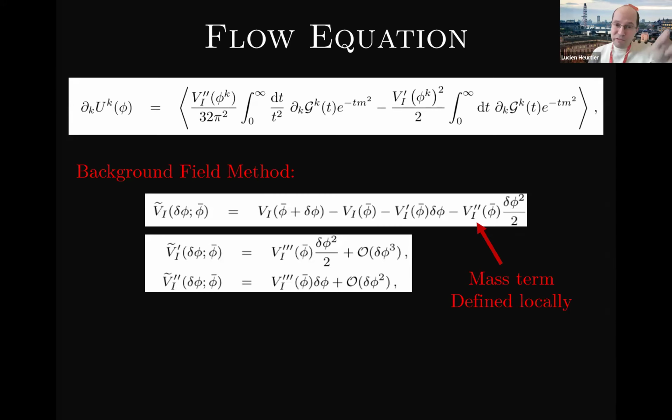Then if you want to be away from the minimum, you can use background field methods to work out your quantum corrections not at the minimum, but around a point across your potential. You can decompose your field as the classical equation of motion solution phi bar plus some quantum corrections, then expand your potential and figure out what the mass term in that theory is, and that will become your second derivative locally, which makes total sense.